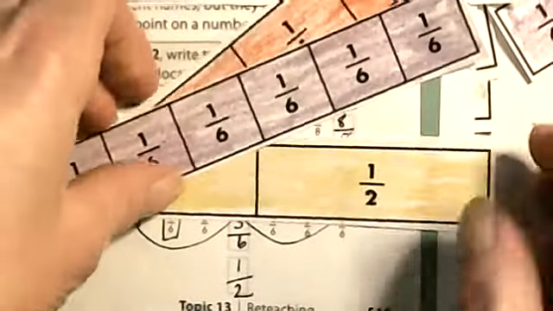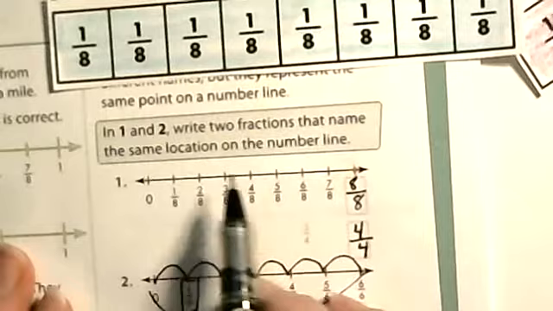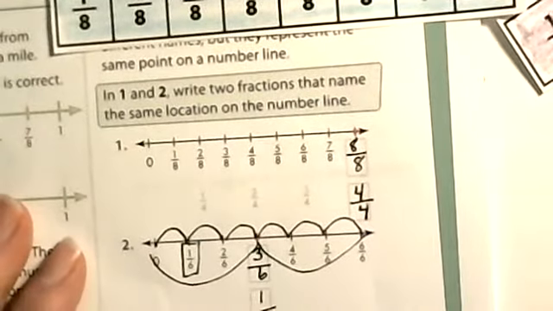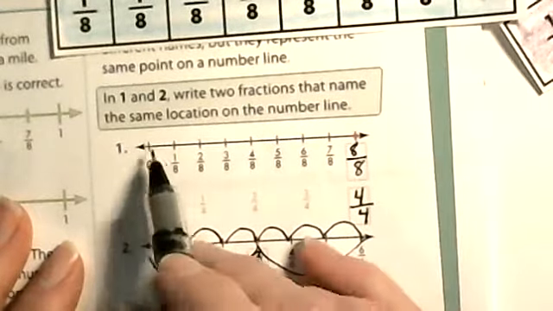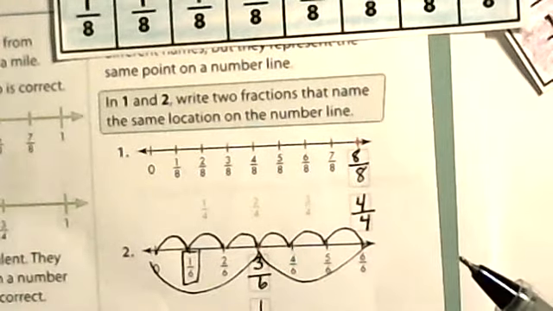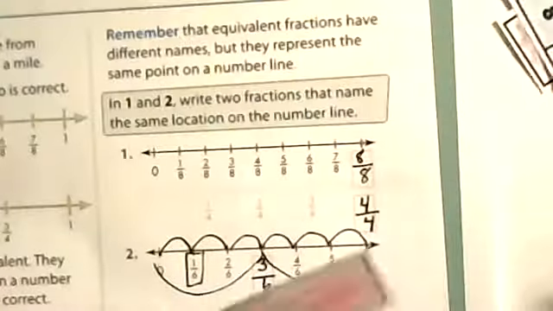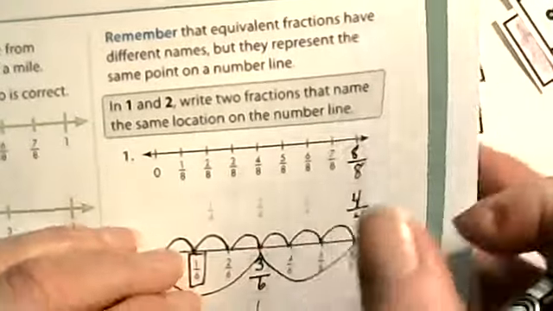So you can use fraction strips, you can use area models, you can use number lines to show equivalent fractions. And again, they have to be an equal distance apart in order for it to be actually a fraction. That's the important thing when you're showing fractions. Okay, so that was about equivalent fractions.